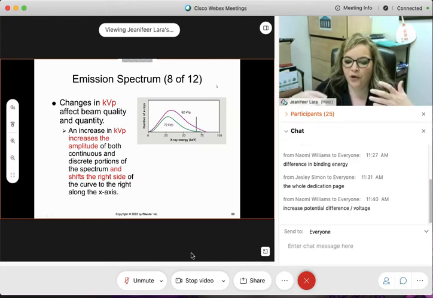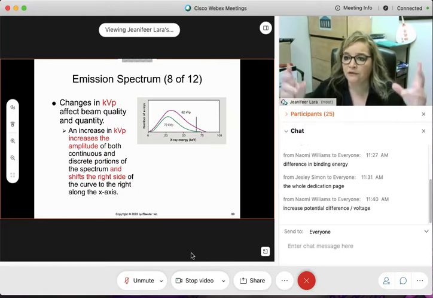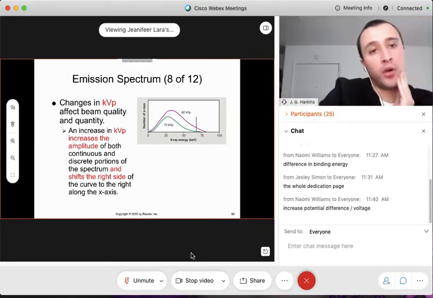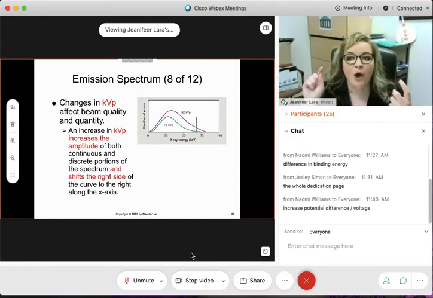Okay. So the water inside of the gun is the mA. It's the amount of water that you have. But the pumping action does what to the water? Makes more come out. It makes more come out more forcefully.